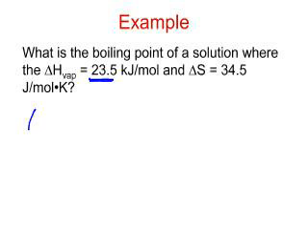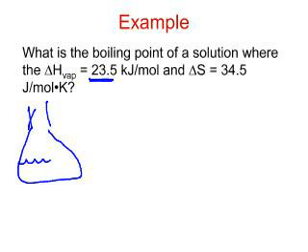Imagine that we have a flask, and that flask contains a liquid. If you have a liquid at its boiling point, we know that we have liquid particles, and some of these are going to be going into the gas phase at any point in time. You also are going to have the gas phase molecules going back down into the liquid phase.